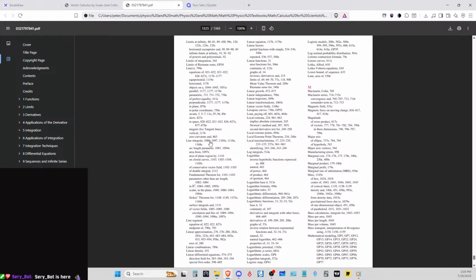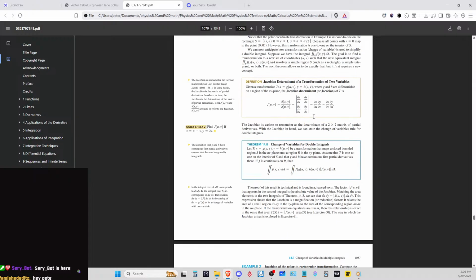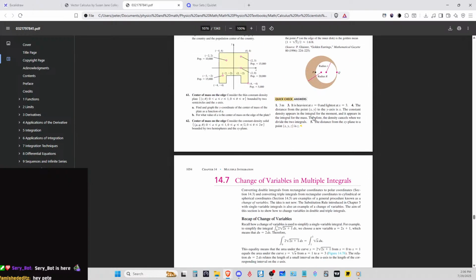Here we go, line integrals, page 180. I don't think it's going to be 180, because usually they count certain pages differently. Oh, this is the Jacobian.